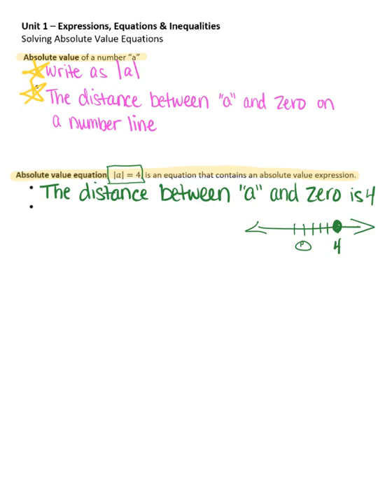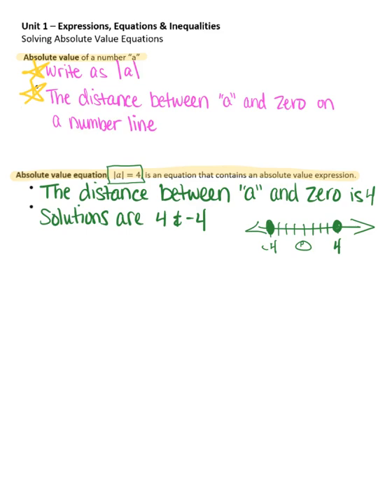But we need to start thinking about we could be 4 spots to the left and we could be at negative 4. So in reality, there are two solutions or two answers to this problem. The absolute value of A equals 4. Well, the solutions are 4 and negative 4.